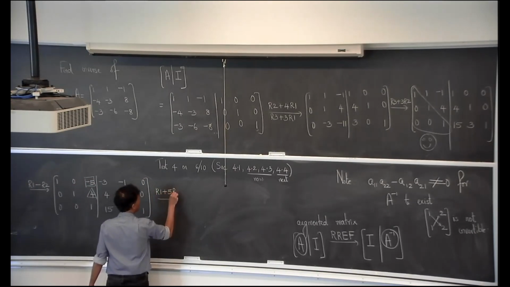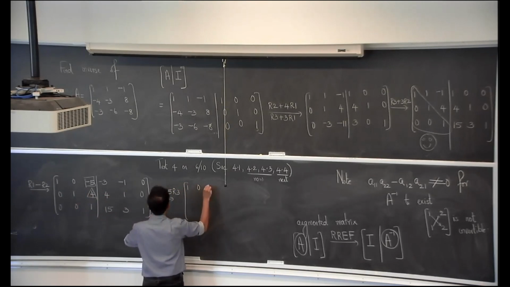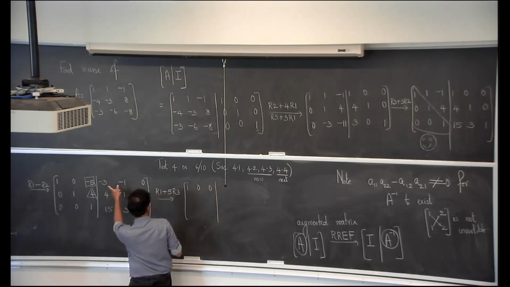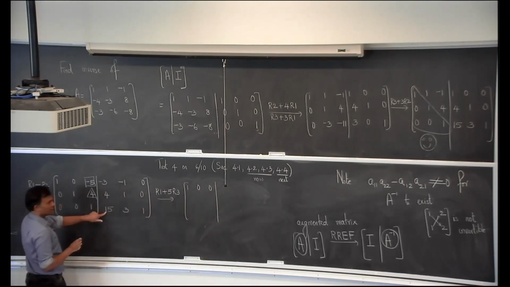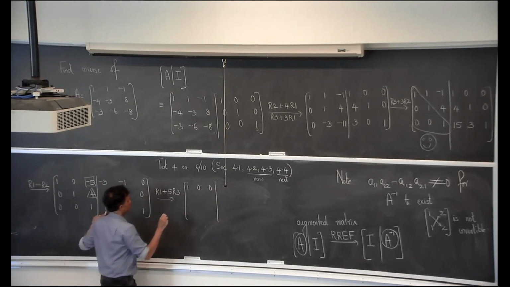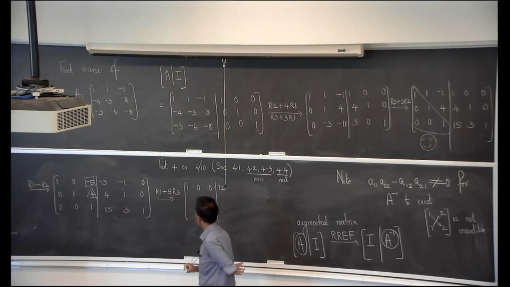So looks like all of you are now ready for your next test. So 1, 0, 0. Let's do this carefully. R1 plus 5 R3. That's going to be negative 3 plus 75, that is 72. 15 times 5 is 75.